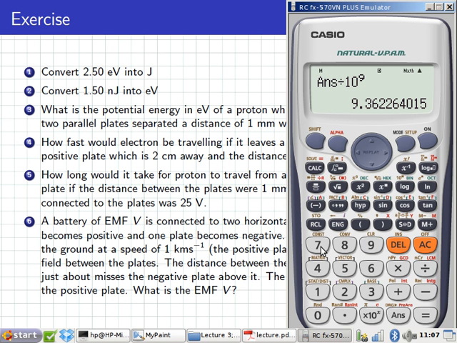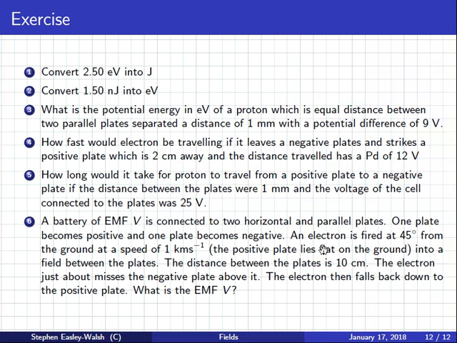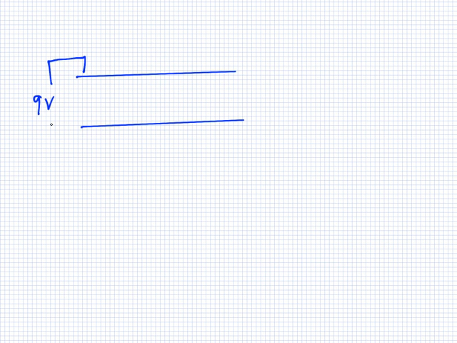Is that okay? Yeah. Alright, now on to the more interesting one, number 3. What is the potential energy in electron volts of a proton which is equal distance between two parallel plates, separated by a distance of 1 millimeter with a potential of 9 volts? So you have a plate here, this is 9 volts, this here is 1 millimeter.